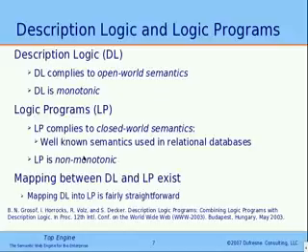While logic programs comply with the closed world semantic, which is a well-known semantic used in relational databases, where it assumes the information to be complete. So the lack of information is essentially a negation.